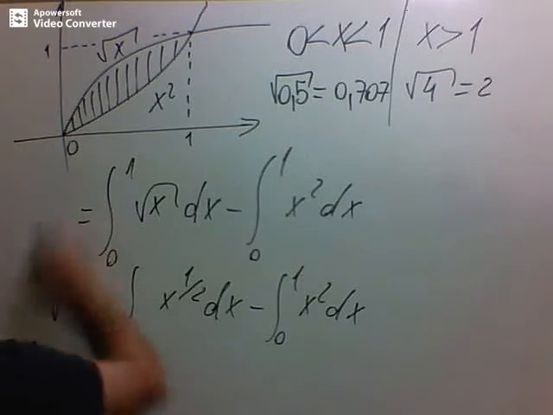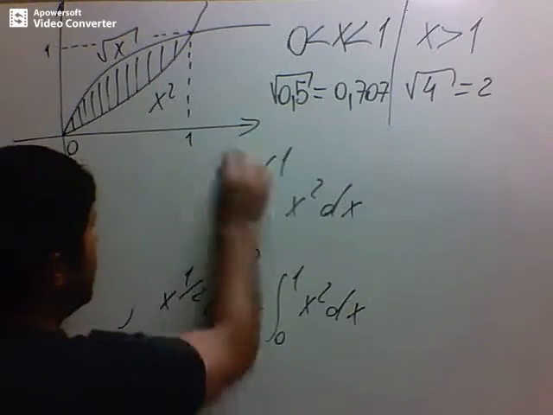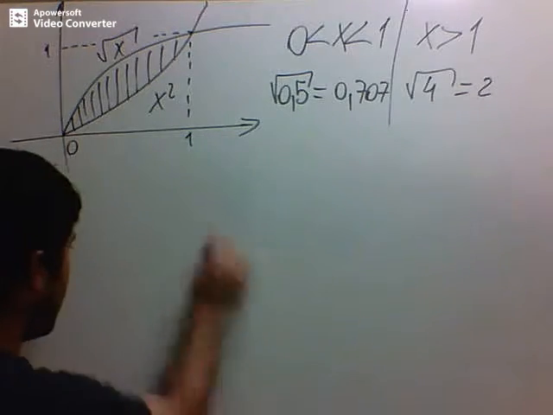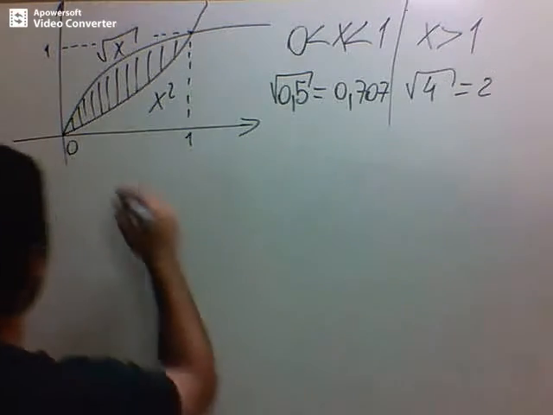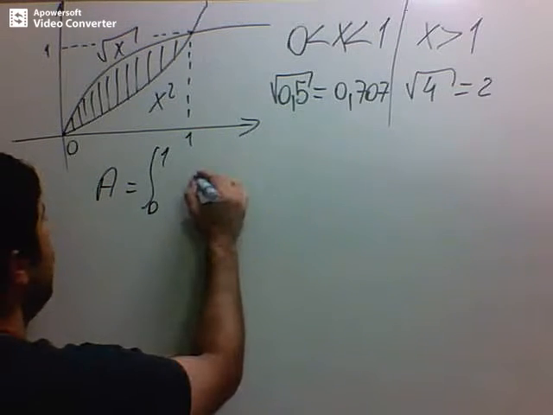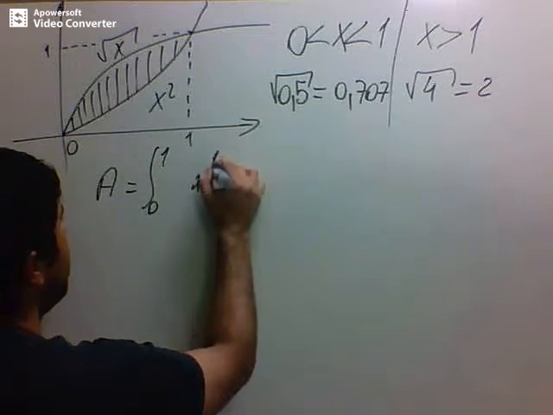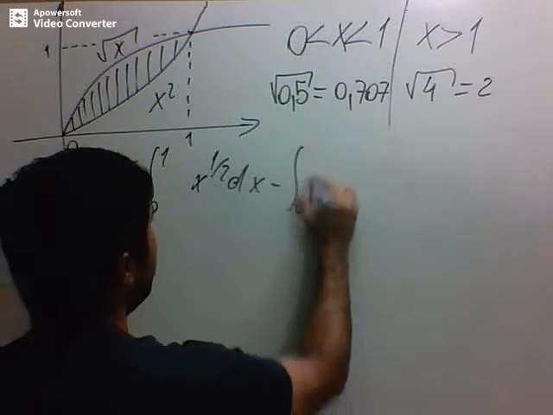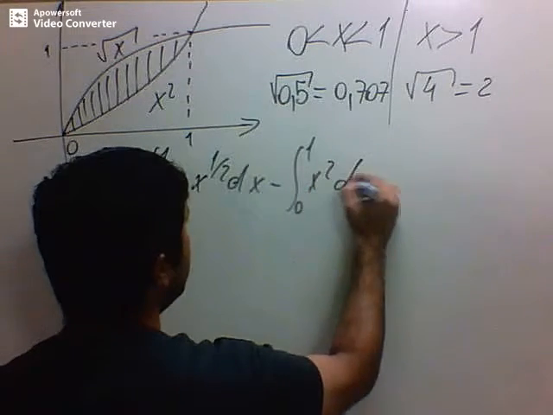So the area is going to be the integral from 0 to 1 of x to the power of 1/2 dx minus the integral from 0 to 1 of x squared dx.